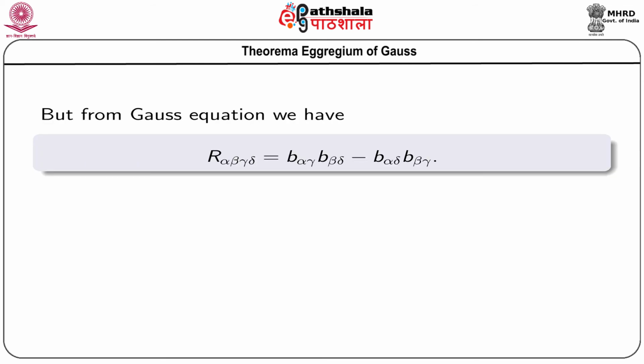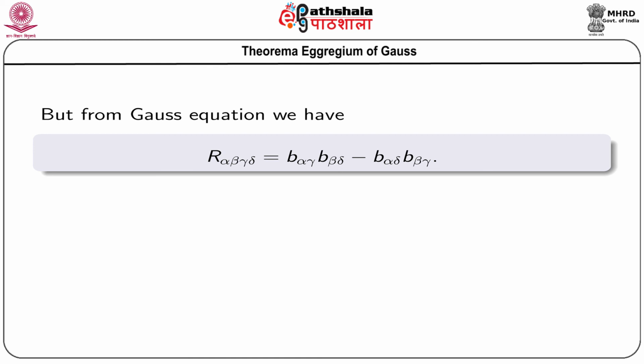And also from the Gauss equation we have this relation R_alpha beta gamma delta equals B_alpha gamma B_beta delta minus B_alpha delta B_beta gamma.